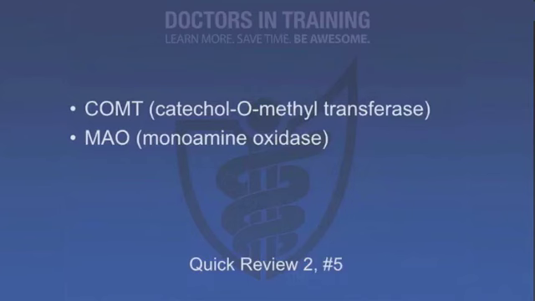What enzymes degrade the dopamine and norepinephrine that remain in the synaptic cleft? So first we have COMT, we just talked about those inhibitors, and then MAO. So those two are the primary enzymes that are breaking down dopamine and norepinephrine. You also see MAO intraneuronally as well, breaking things down.